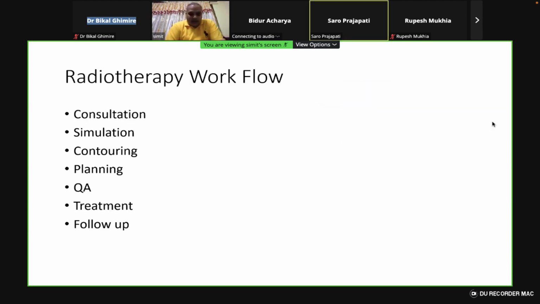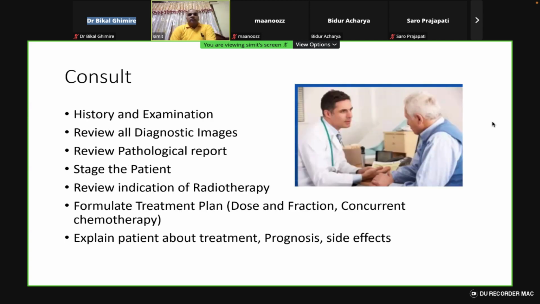Now I want to give an introduction to the radiotherapy workflow in our center. What happens when you refer a patient to us, or a patient comes to us? First is consultation. When we consult a patient, as in every clinical subject, we take history and examination. We review all diagnostic images and pathological reports.